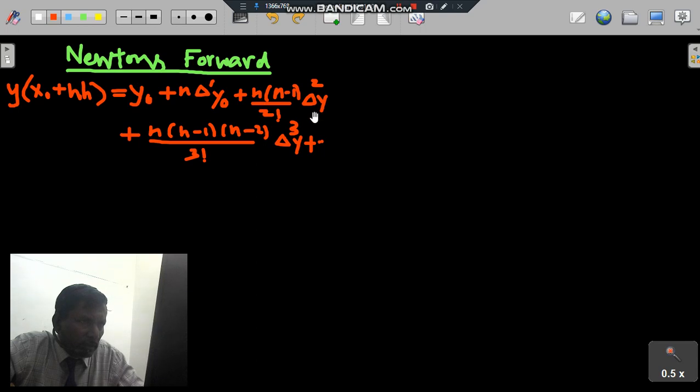This famous equation is called Newton's forward interpolation formula.